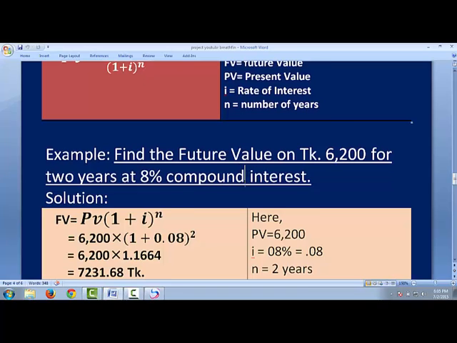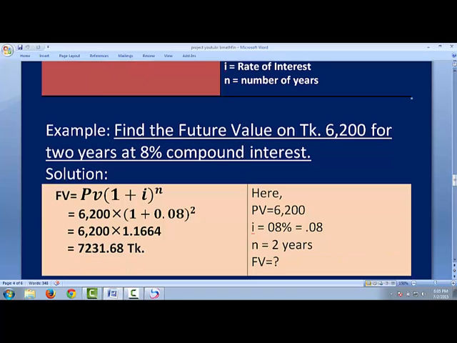So now there is a compound interest, so we put the value in the formula. Find the future value, so we have to use the future value formula. Future value formula is what? Future value is present value into 1 plus I power n. Present value is 6200 into 1 plus I, where I is equal to 0.08, n is equal to 2.